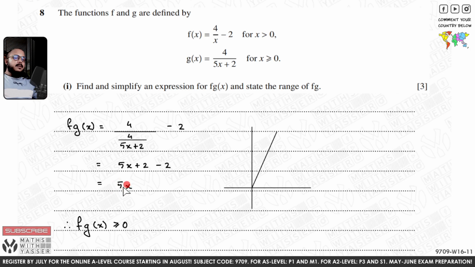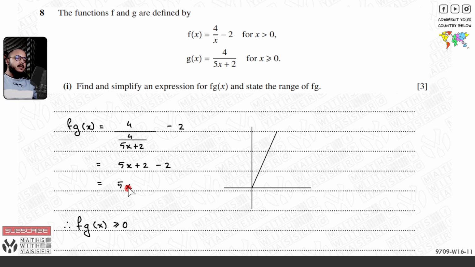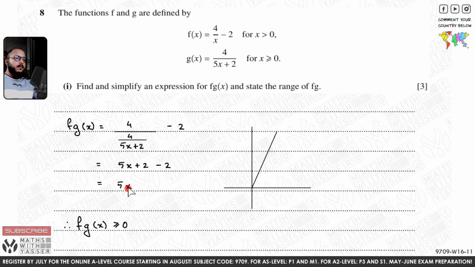And this is the equation of a straight line which passes through the origin. For this, you must have the knowledge of the common graphs. We know that y equals x is a line which passes through the origin, and that means y equals 5x is going to be such a line which will have a steeper gradient. So it will be something like this.